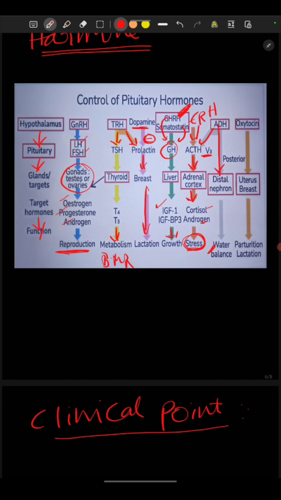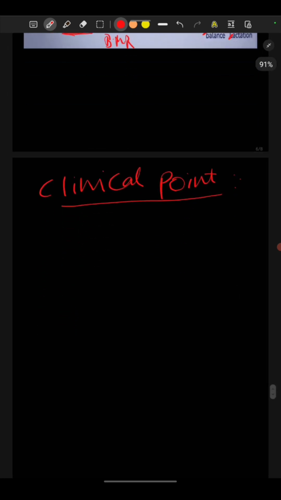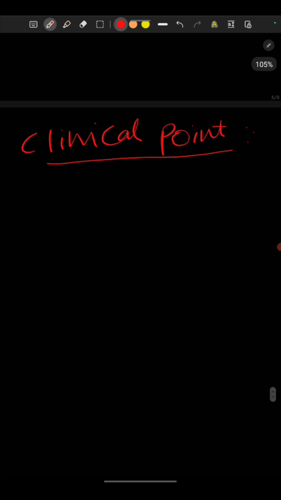Oxytocin from the posterior pituitary acts on the uterus and breast and helps in parturition by contracting the uterus, and in lactation by contracting the myoepithelial cells surrounding the lobules of the mammary duct.